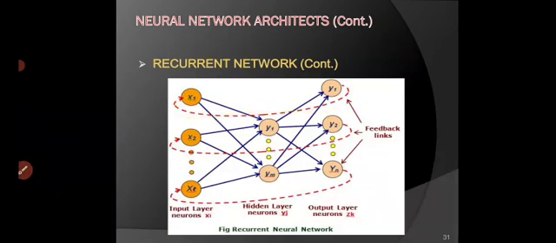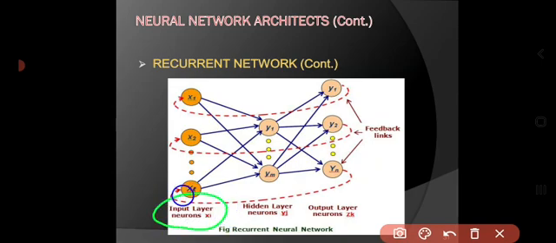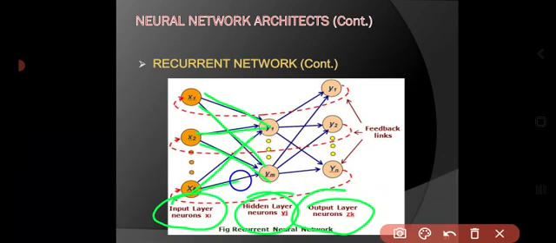So here also there are three layers as in the multi-layer feed-forward network. First is the input layer, second is the hidden layer, and third is the output layer. Again, each input is connected to each output, and similarly each hidden layer neuron is connected with each output.